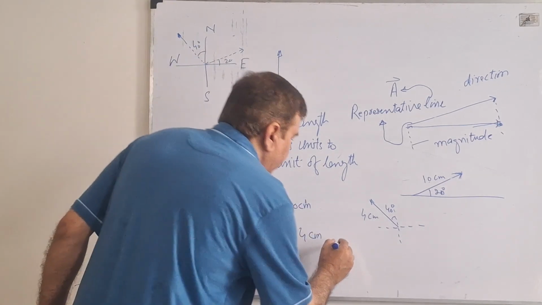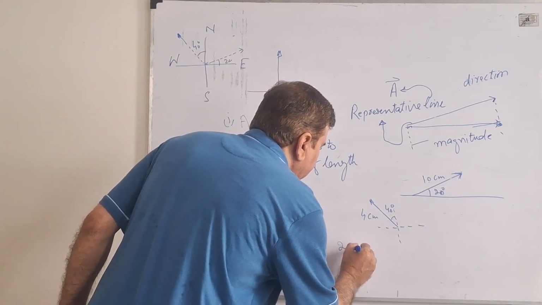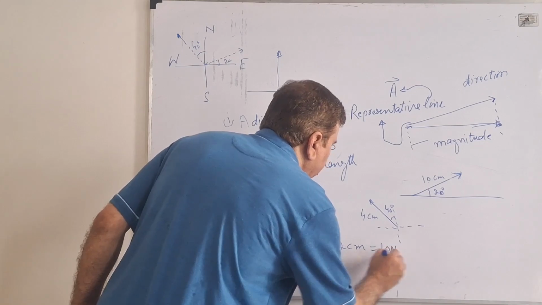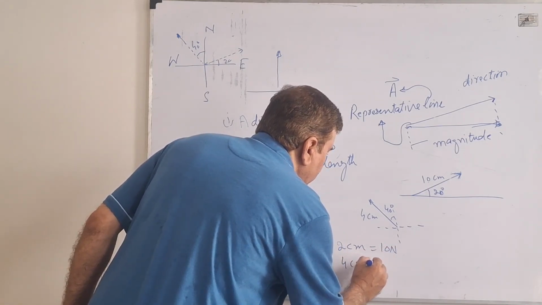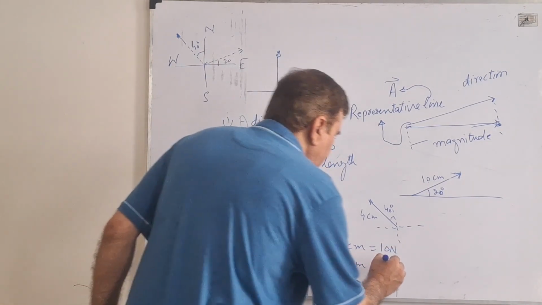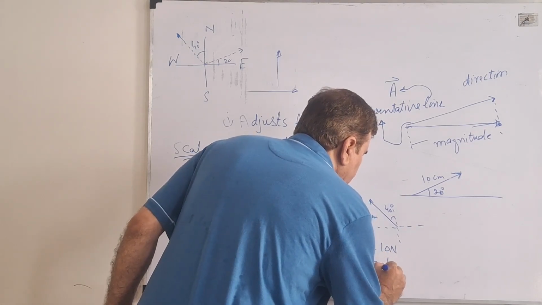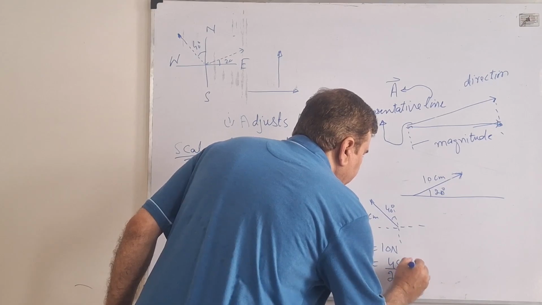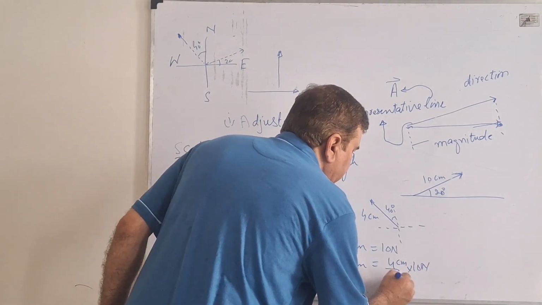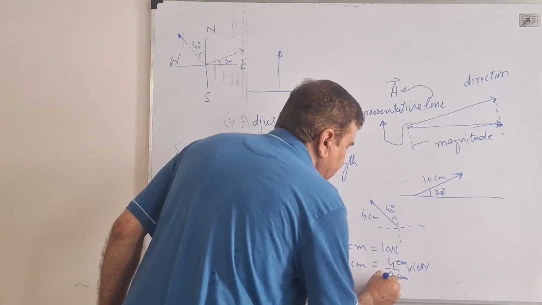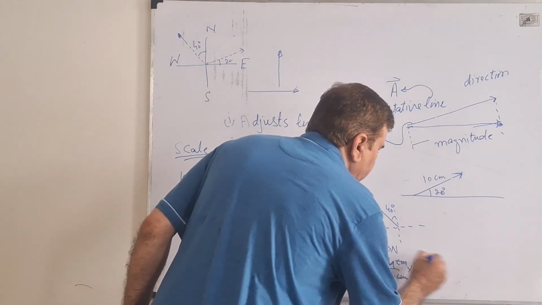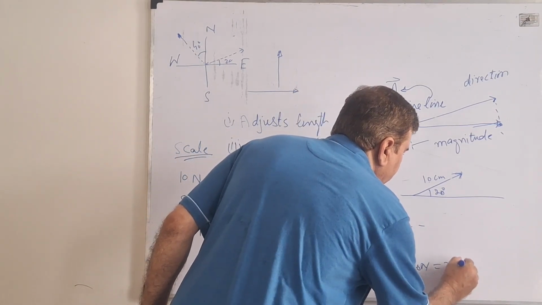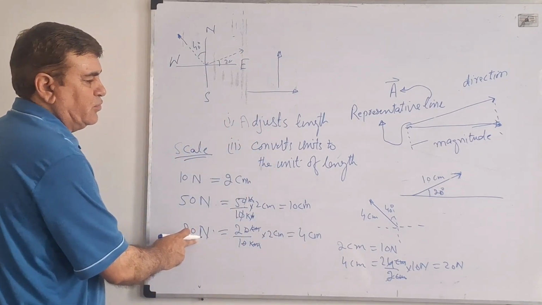For example, since 2 centimeters equals 10 newtons, 4 centimeters would be equal to 4 divided by 2 centimeter, multiplied by 10 newtons. The centimeters cancel, which gives me 2, and 2 tens are 20 newtons. So I'm back at 20 newtons.